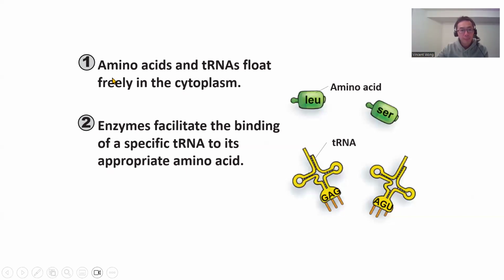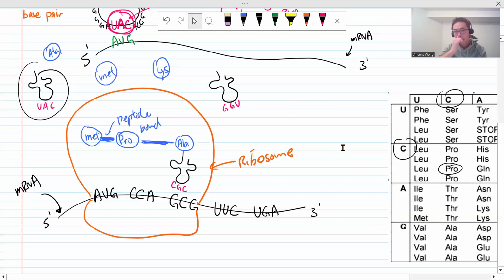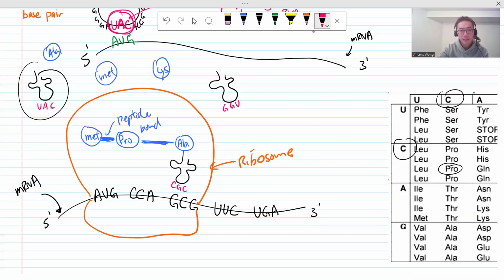So here, number one, amino acid and tRNAs flow through. Excuse me, can I ask a question? Sure, of course. So at the bottom of the tRNA is the anticodon. Are you asking me if this is the template strand? Okay, I understand where you're coming from, but don't confuse yourself like that.